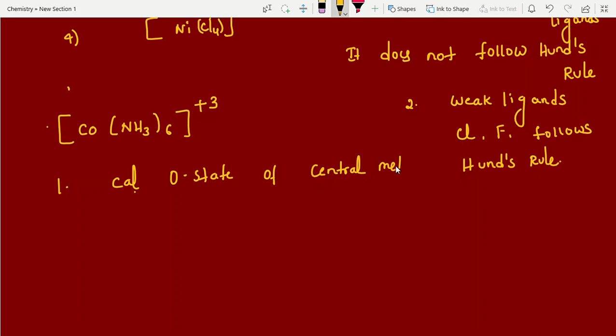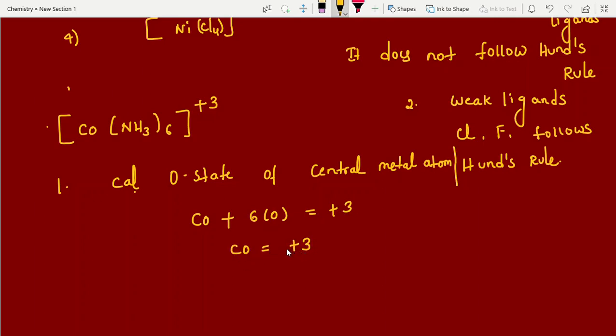What is the central metal atom? In the previous video I explained what the central metal atoms are. So this is cobalt, the central metal atom. So cobalt plus 6 into 0 equals plus 3. Now cobalt equals +3.